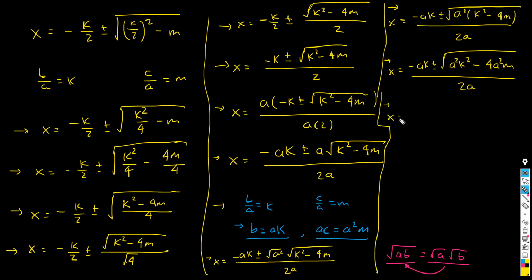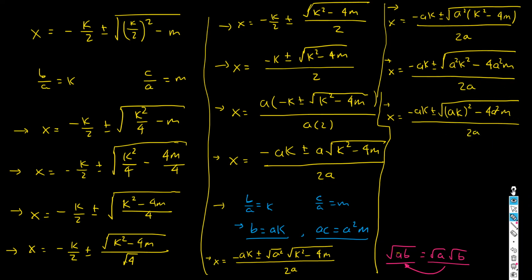Then x equals minus ak plus minus the square root, and this can be written as ak, all of that to the square, minus the same, over 2a. And now I believe we are done, in order to deduce the whole thing.